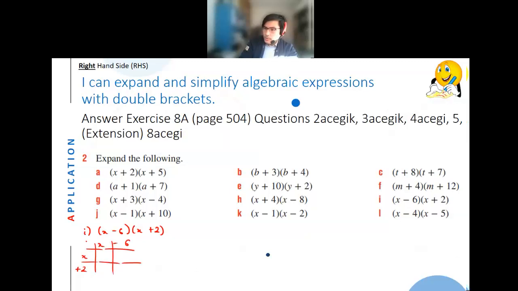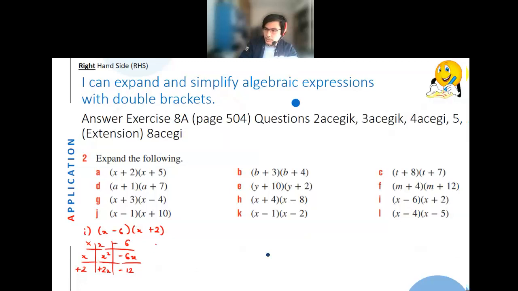Multiply them: x times x is x squared, x times negative 6 is negative 6x, plus 2 times x is plus 2x, plus 2 times negative 6, a positive and a negative, is going to be a negative, and 2 times 6 is 12.